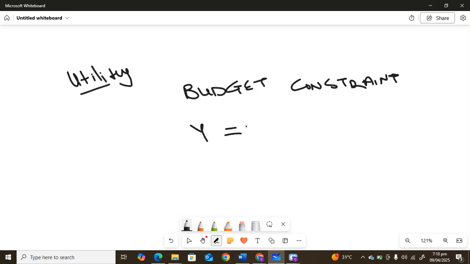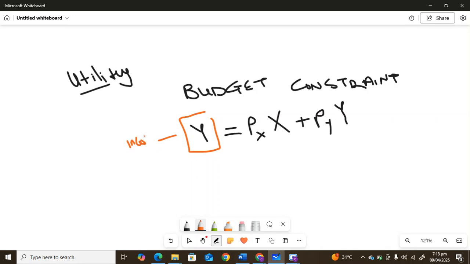Let me just write the equation first. Okay, this is how the budget constraint equation is. Y, this is your income. With your income, the scenario is you can only buy two goods.